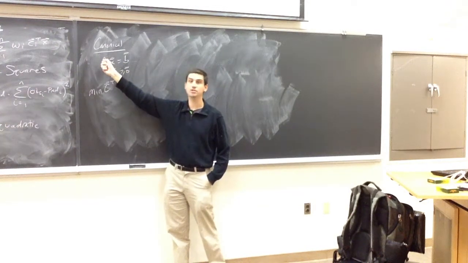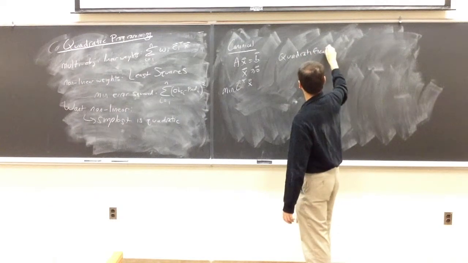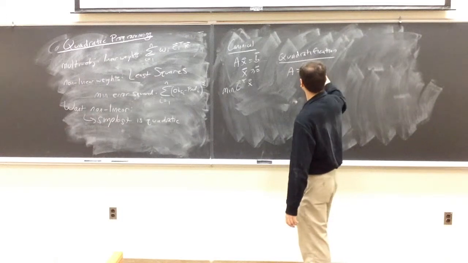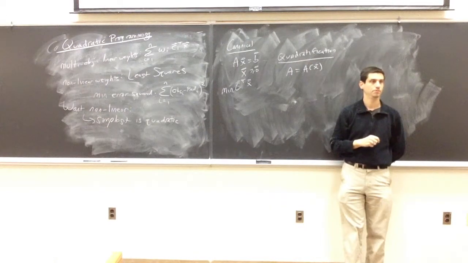We could have the entries of A depend on x. Maybe A depends on x. What else could we do? Cost function.